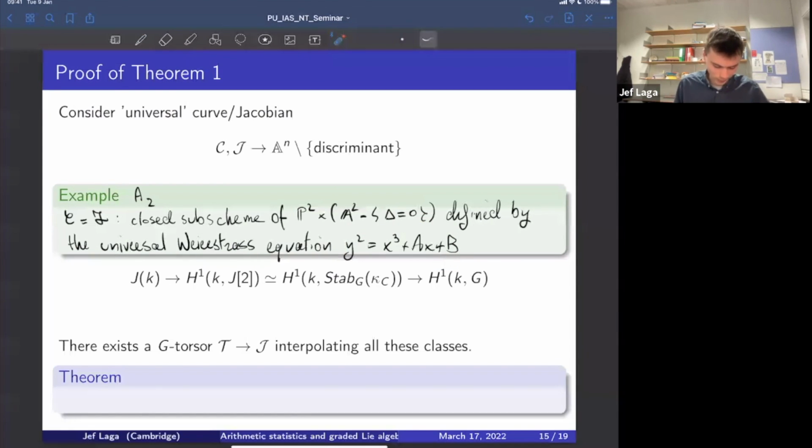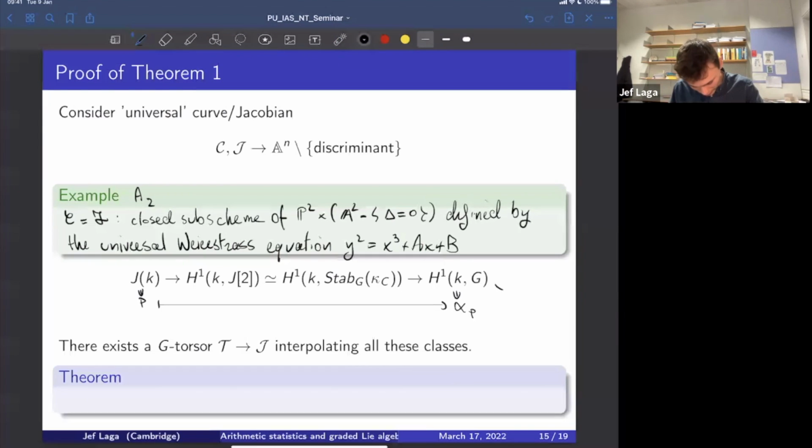And so recall this map, whose composite we want to show is trivial. Every point on the Jacobian gives rise to a cohomology class. Let's call it alpha p in here. The next observation is that we don't only bundle together the curves and the Jacobians, but also all these cohomology classes.